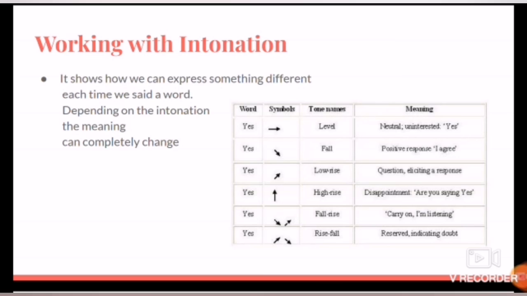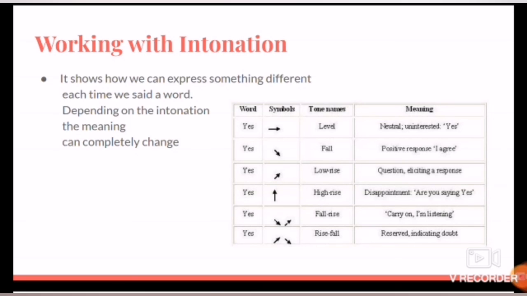It's recommended to use arrows to represent how the tone of voice is going. It can go up, it can fall, depending on what you're exactly trying to say. In this picture we have an example with the word yes. One simple word has so many meanings.